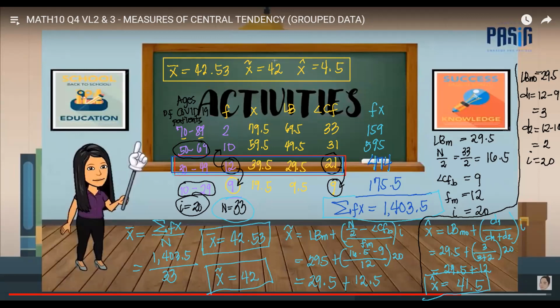Okay? So do you have any question regarding mean, median, and mode of group data and ungrouped data? May question pa po? Do you have any question?